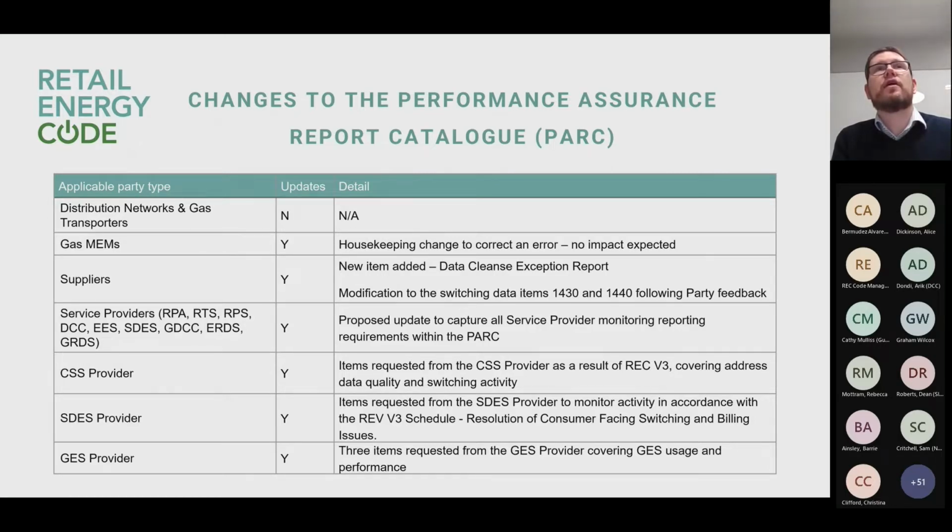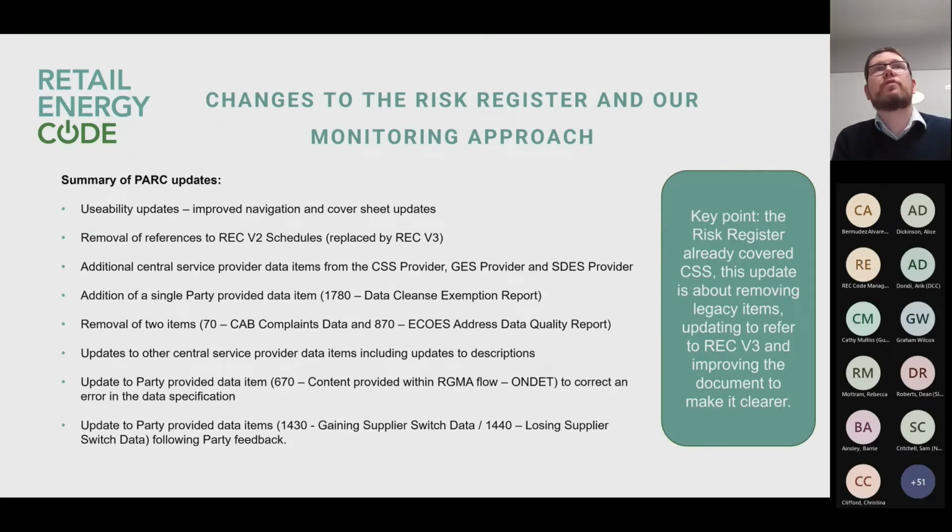If we just go on to the next slide, I'll go through this one a little bit quicker because it's kind of saying the same thing, but from the opposite angle. So not looking at it at a party level, but just overall what's changing. I didn't really mention it on the previous slide, but there are some usability updates, navigation links, those sorts of things.